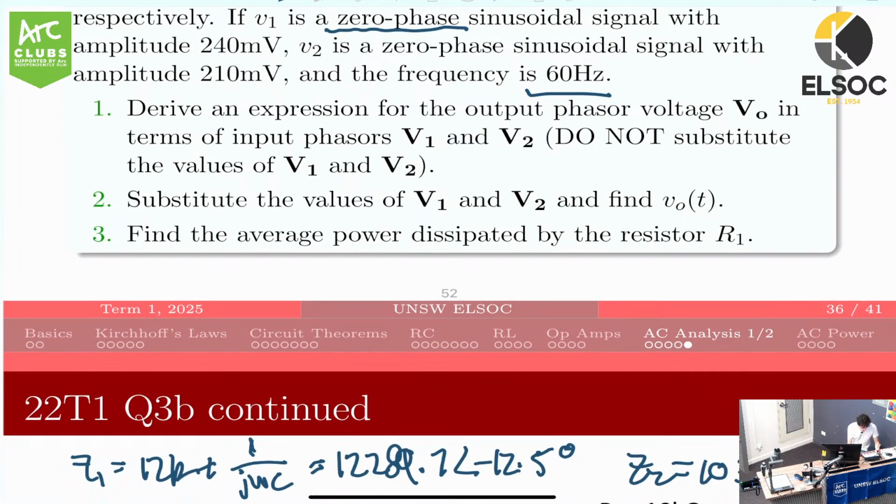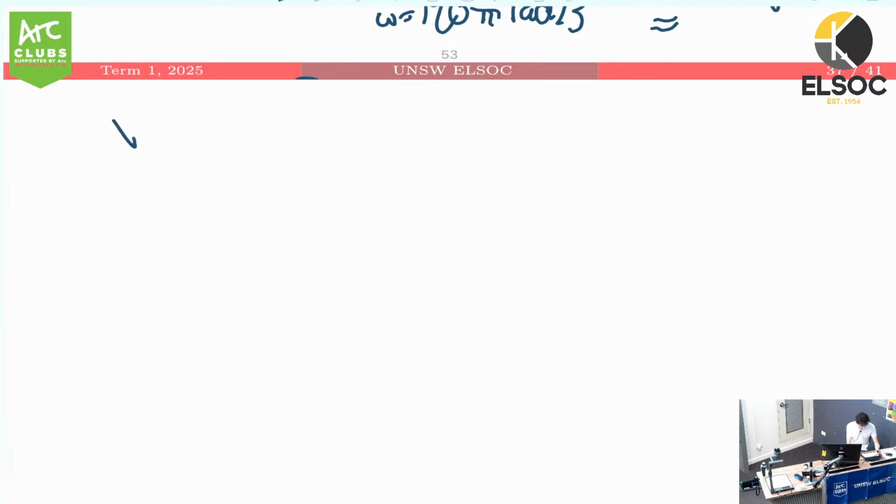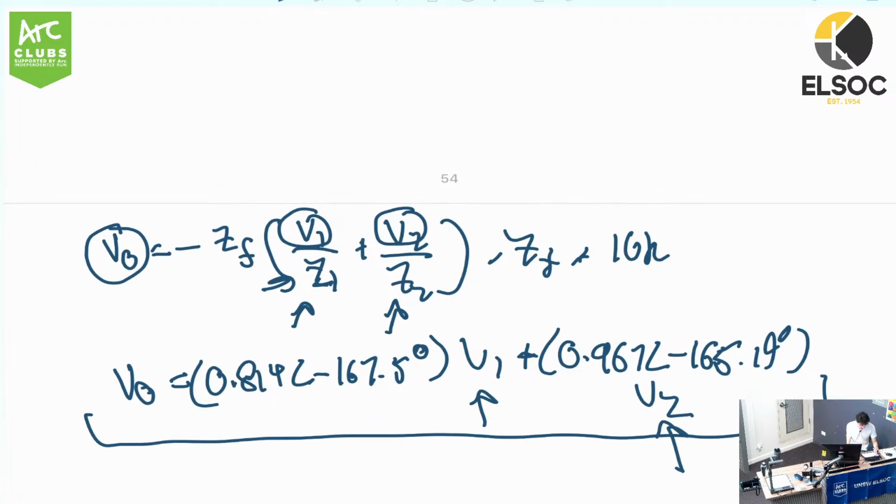Now for the second part, we have to find just V out in terms of these two phasors. So we just substitute them in, essentially. We know that V out is equal to this, but we'll substitute the values that we know for V1 and V2. I'll just plug this into my calculator because it's quicker that way: 167.5, multiplied by 240 milli.